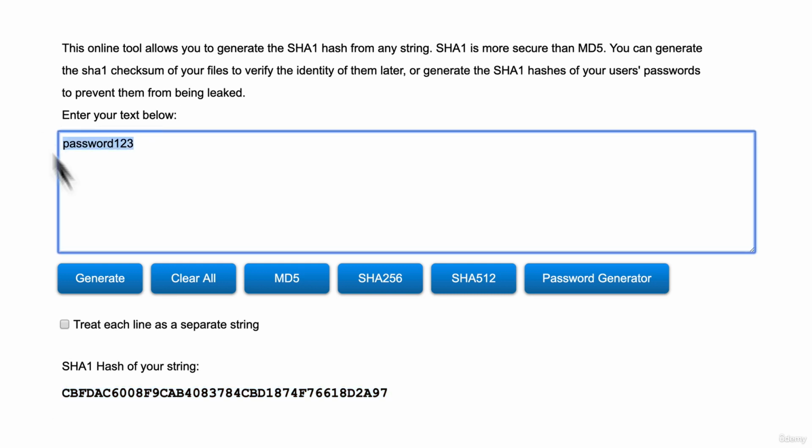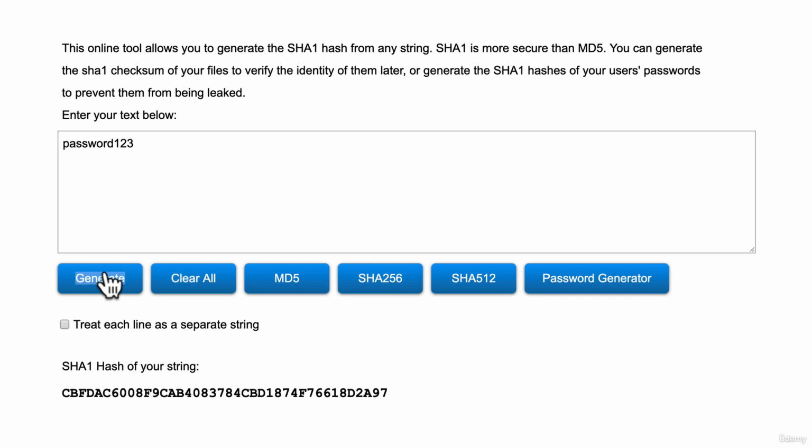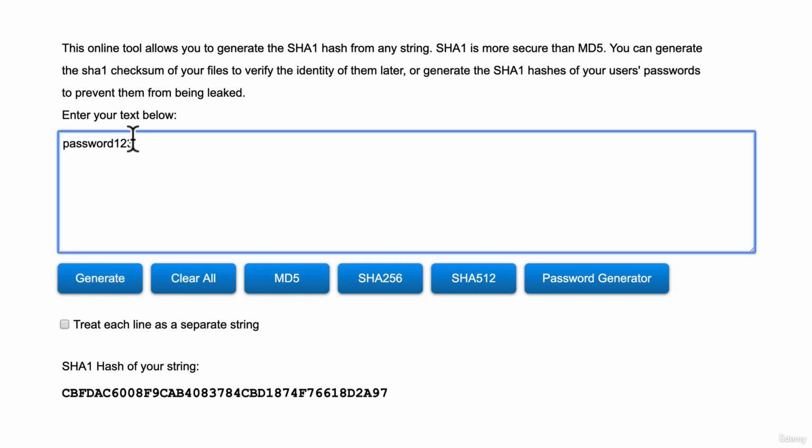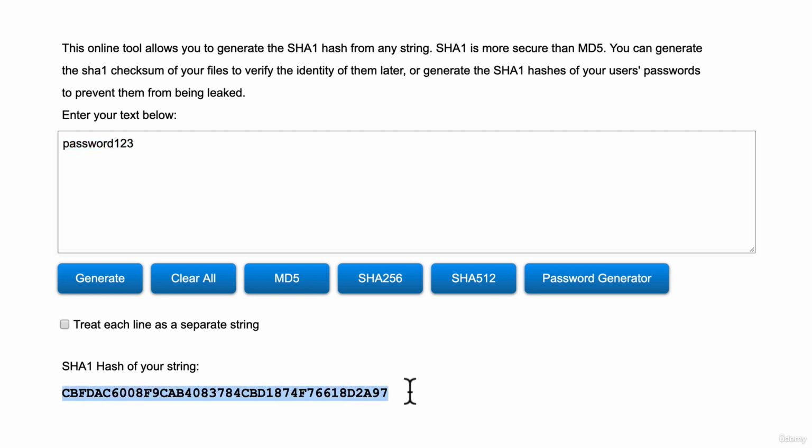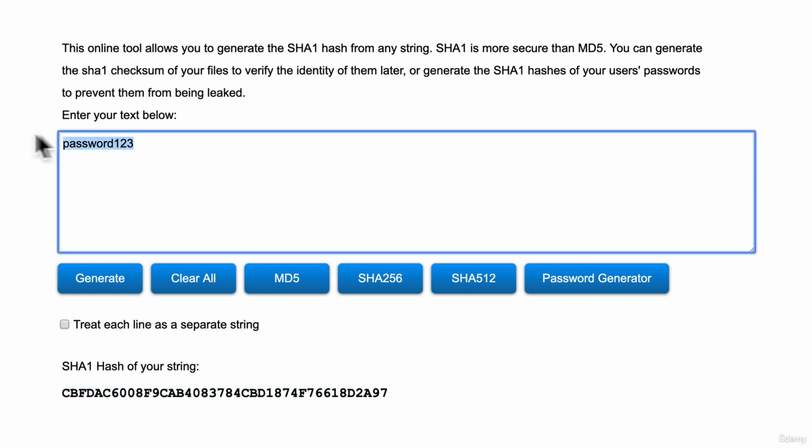But no matter how many times we generate password123, it's always going to be the same hash. So this way we can check if somebody types a password and we already have the hashed version of a password in, let's say, a database, we can compare the hashed version of this password to the database's hashed password. Again, don't get too confused here. Hopefully in that bonus video, we'll cover this a little bit more.